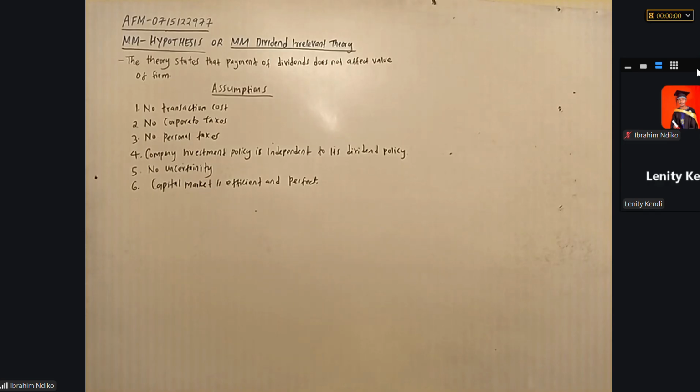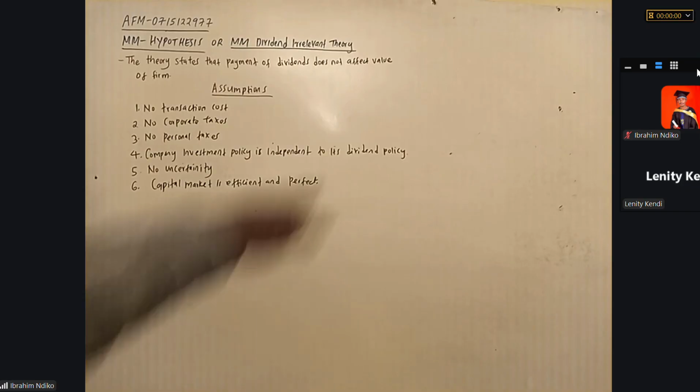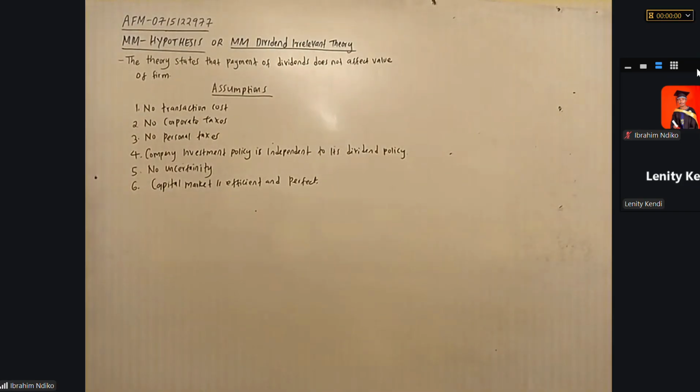Sio iko sawa? Yeah. So you can give the formulas. So for me to give the formulas, nitabidi nimevuta hapa so that niweke formula hapo and then maswali nifanye the other side. No problem. So you need just to know that this theory states that the payment of dividend does not affect the value of the firm.